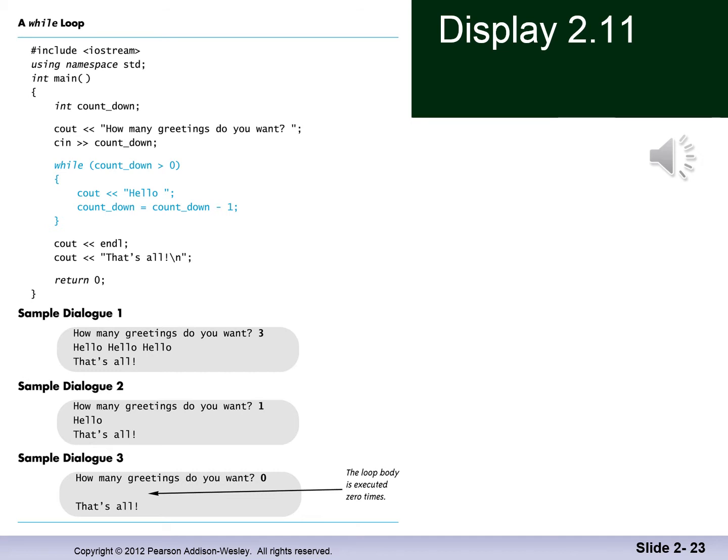And then after the number of loops, it drops out when the expression countdown greater than 0 is evaluated as false. So when countdown gets decremented by 1 each time through the loop, it eventually goes to 0, and the loop drops out. And then we go to the cout endl statement, which just simply puts a new line, and then cout, that's all.